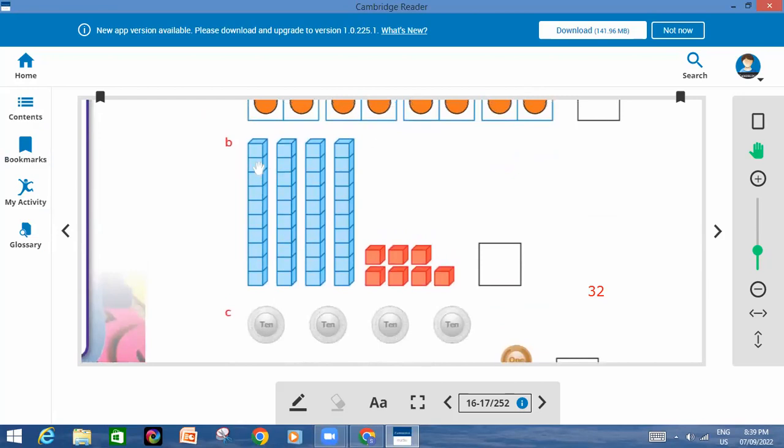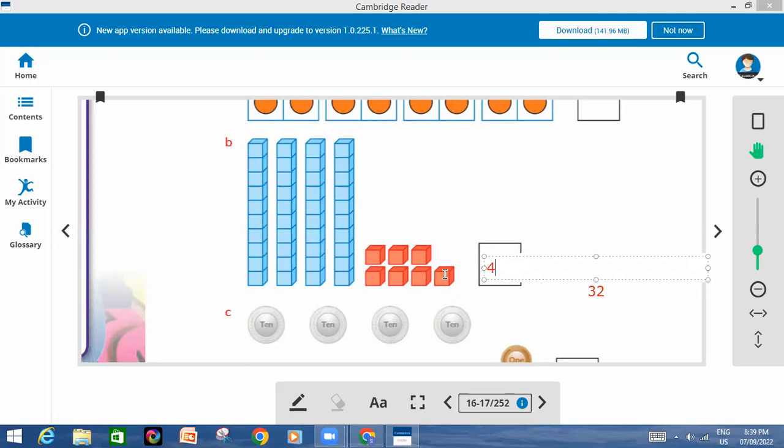Here are 4 columns. Each column has 10 rows, 10 boxes, and we have some separate boxes also. So we are going to say 1, 2, 3, 4, 5, 6, 7, 8, 9, 10. 10 boxes in each column: 10, 20, 30, 40. 4 tens.